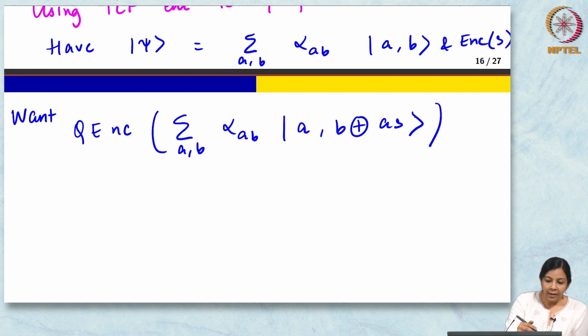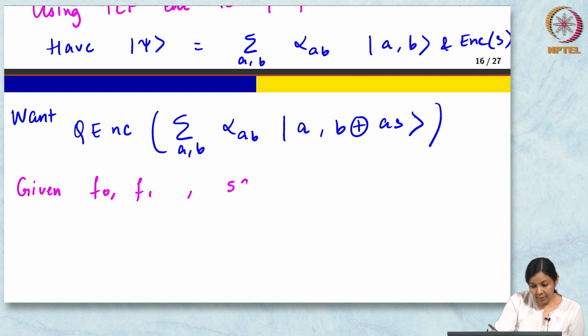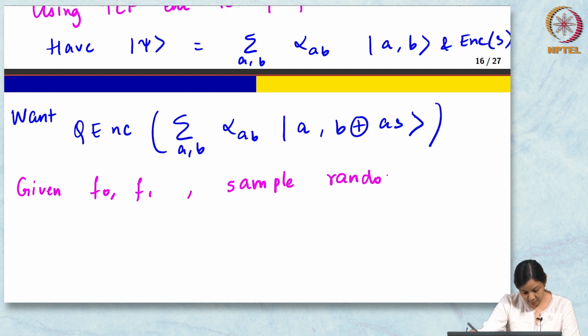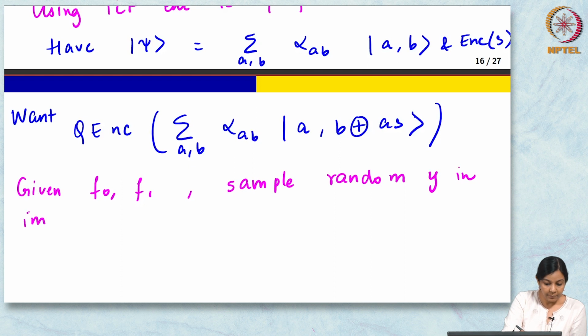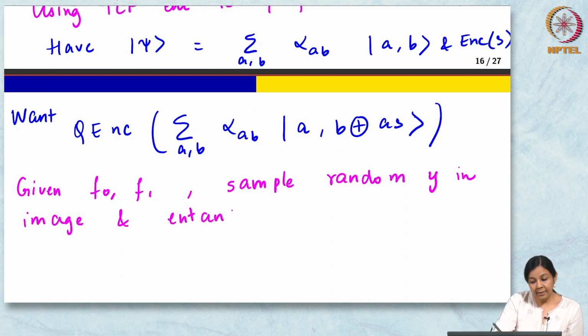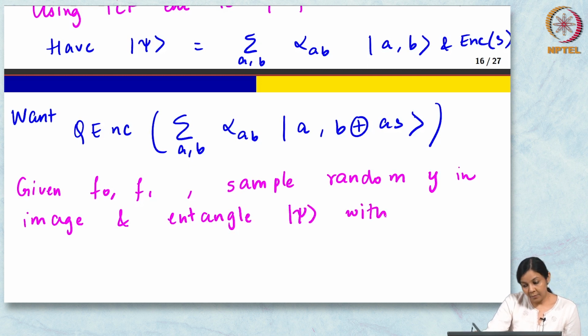So, here is what we do. Given F0, F1, I am going to sample a random y in the image and entangle psi with the corresponding claw.